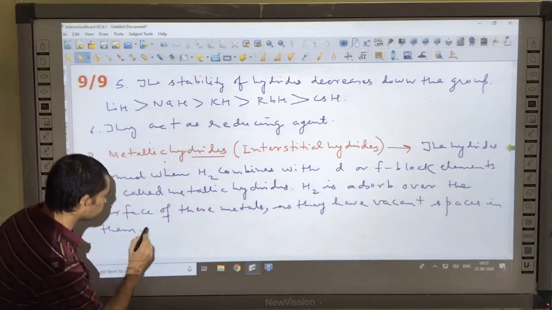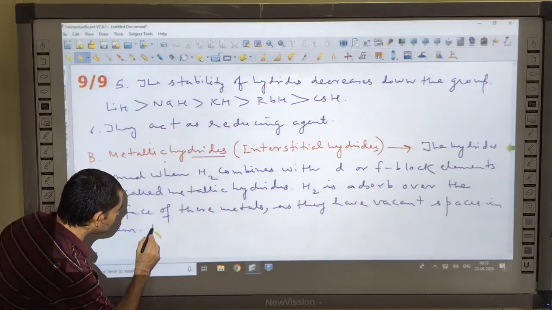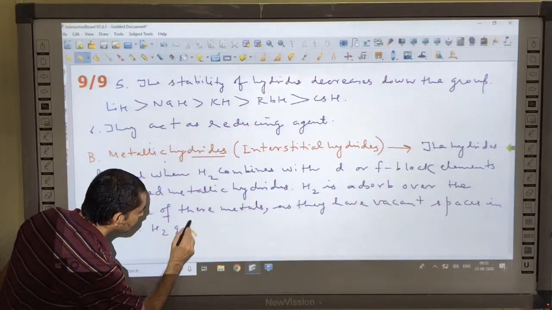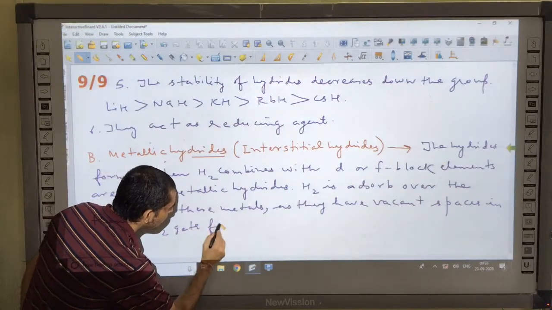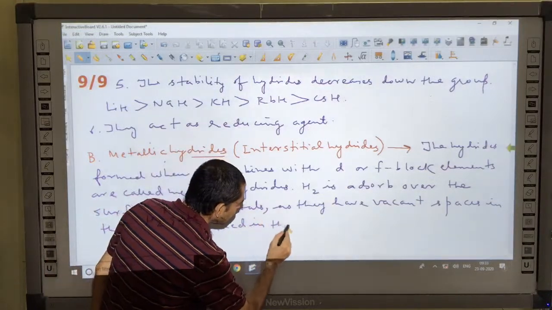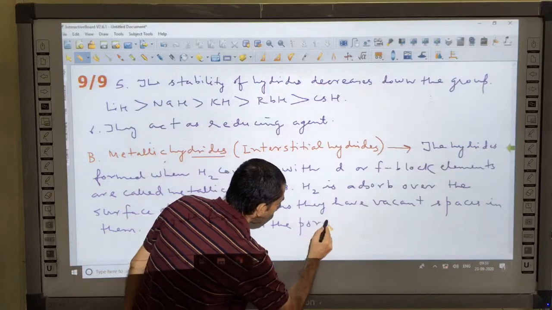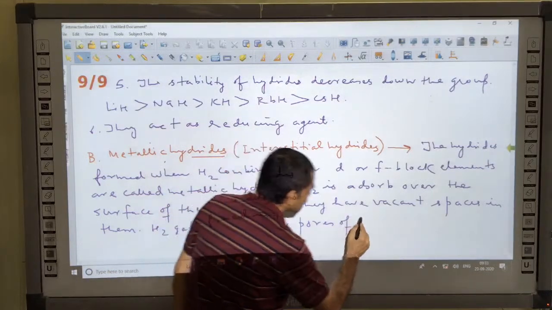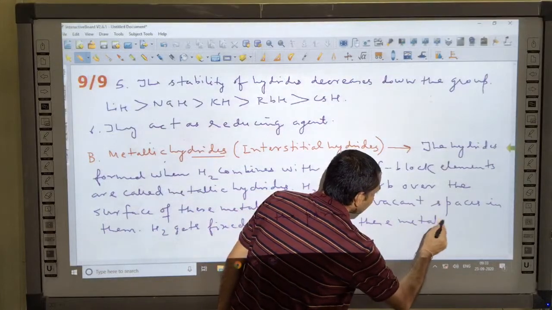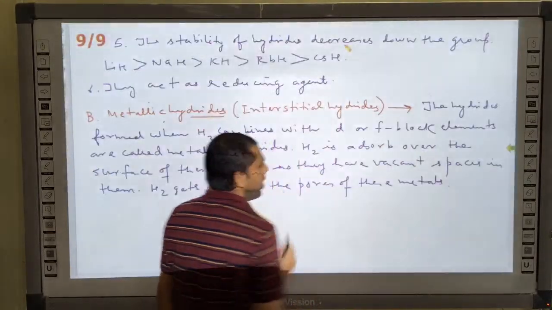Clear? Hydrogen gets fixed in the pores of these metals. Clear?